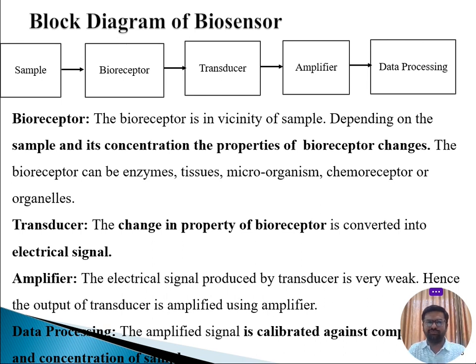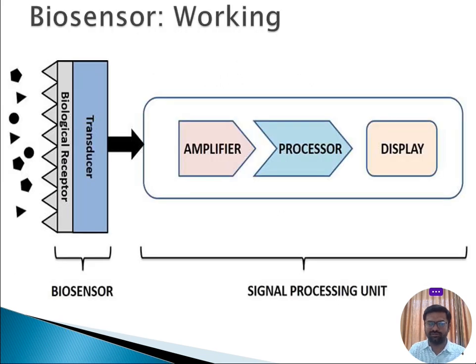If we would like to understand it more deeply, we come to this working flow model. You can observe these different biological samples coming in the vicinity of a biological receptor.